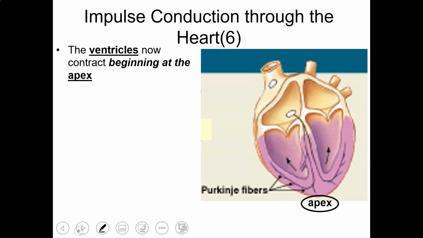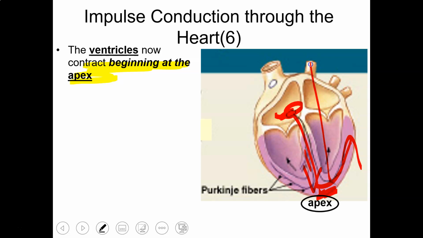What that means is that the ventricles contract beginning at the apex. That impulse travels from here all the way down to here. Nothing happens. Then it comes back up the sides. Now it's going to contract. So the ventricles contract starting here, which is awesome because you want blood to go back up this way, right?